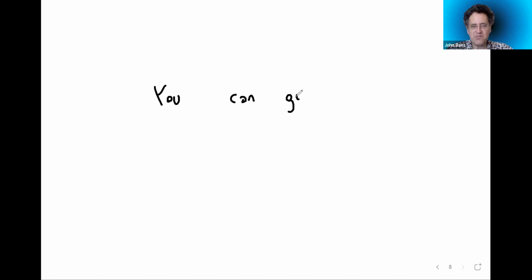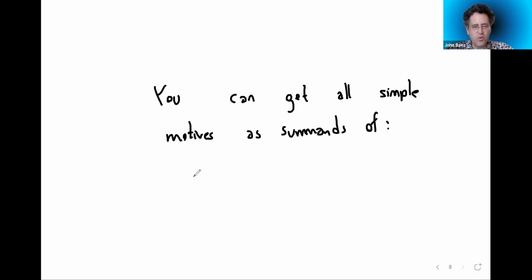I've had a feeling you seem to be hinting that you know this, but never said it. So you can get all the simple motives as, I'll call them, summands of two kinds. So one is abelian varieties.